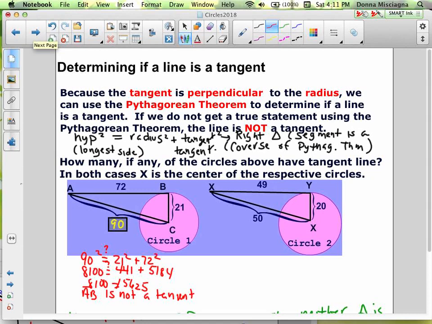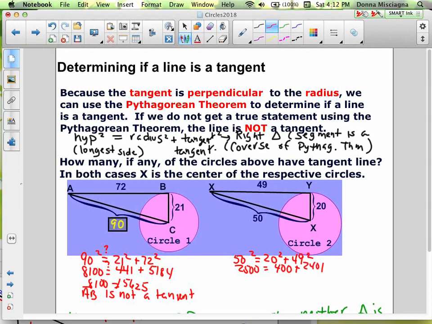Let's try the next one. Again, do the same thing. The longest side is 50. So 50 squared equals, and then the radius, 20 squared, and what looks like it might be a tangent, 49 squared. Of course, we could be wrong. 50 squared is 2,500. 20 squared is 400. And 49 squared is 2,401.